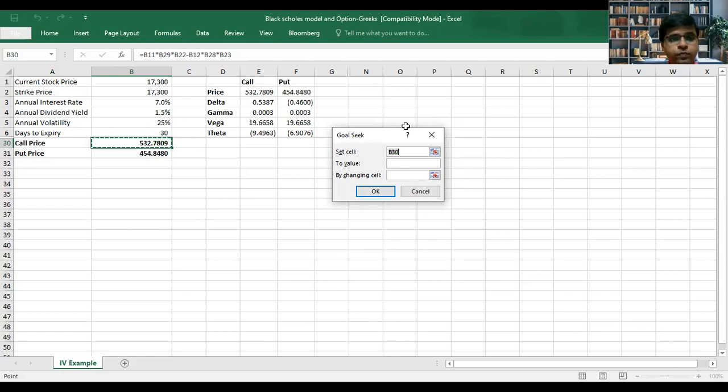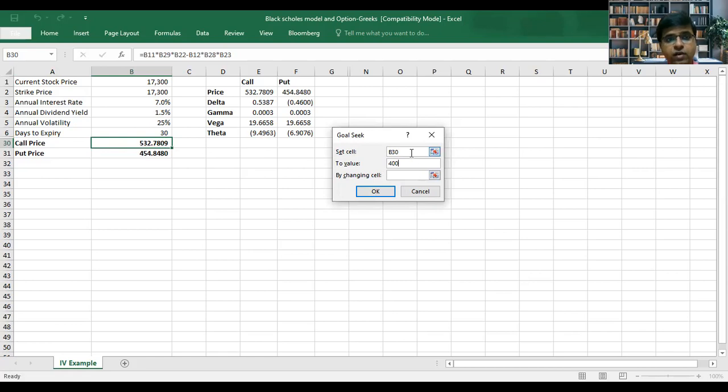So what we do, we set this value B30, which is the call price, to 400, and we want to see what the IV would be in case the call option price moves to 400 from 532.78, assuming the other prices remain constant.